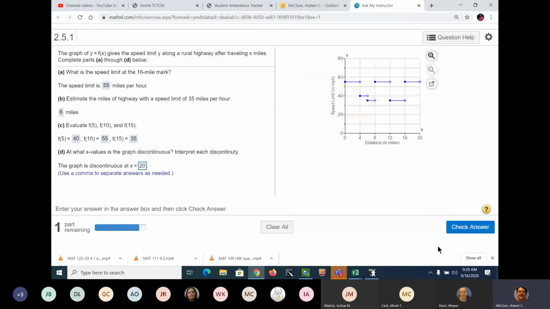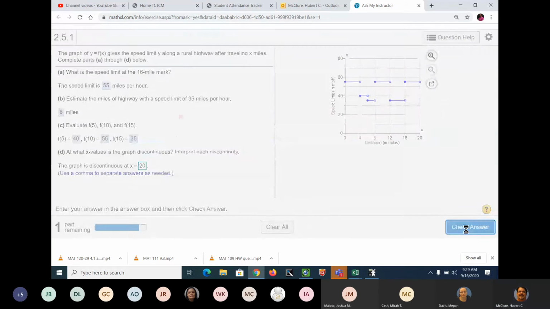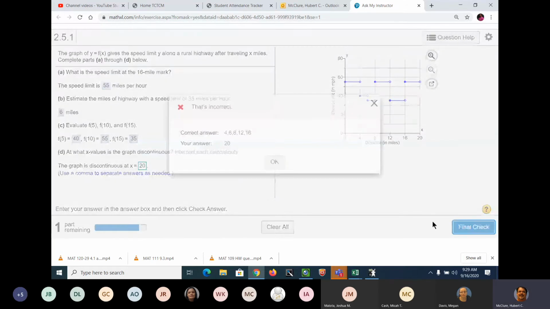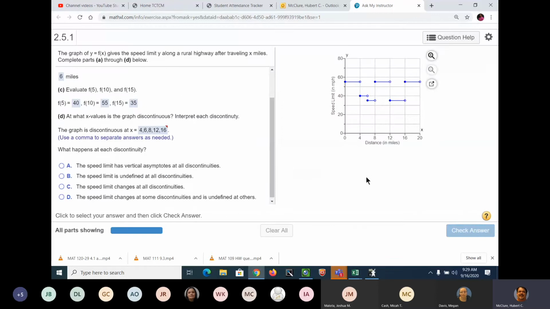But I might be reading it wrong. Let me see what they say. Oh, they're asking for the individual where it's discontinuous. I'm sorry. So at 4, 6, 8, 12, and 16, where you see, I thought they were asking is one general function. Okay, that's my fault. So it's discontinuous here.